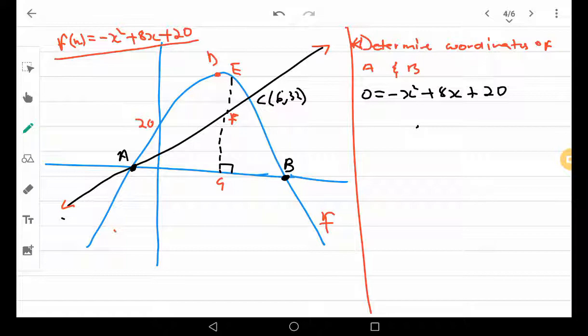So it's the x-intercept. Then x squared minus 8x minus 20 is equal to 0.